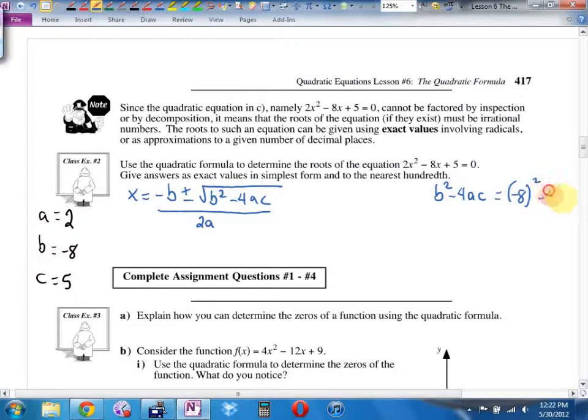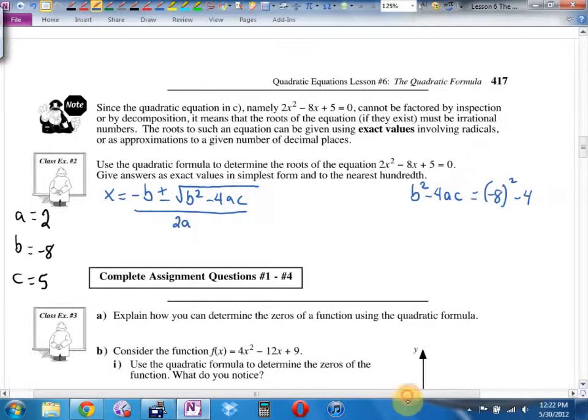Minus 4. Zach, what did you say a was? What did you say c was? What's going to be inside the square root? Crunch it. Calculator. All of you, go.